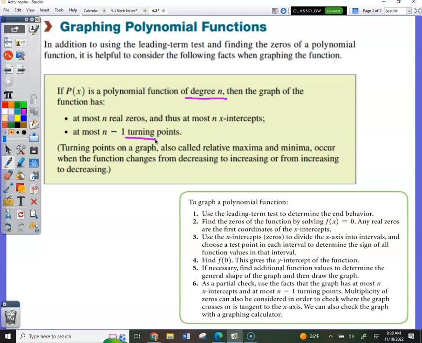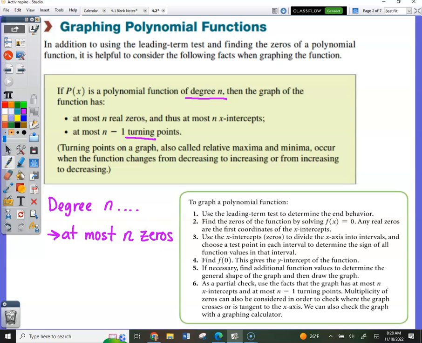So what does this mean in a nutshell? If it has degree n, then there is at most, meaning it can't be more than, n zeros.